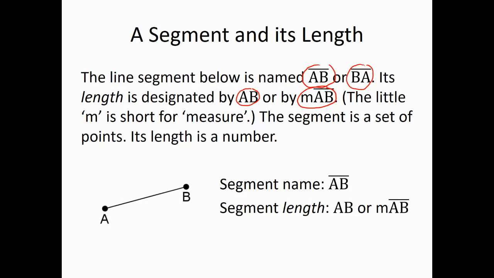This distinction will be very important for us because these are two very different kinds of mathematical objects. The segment itself is a geometrical object composed of points. The segment length, on the other hand, is a number, like 3, perhaps with a unit of centimeters or whatever unit you like. For the most part, we don't concern ourselves with units of length in this class, but still it is a number.